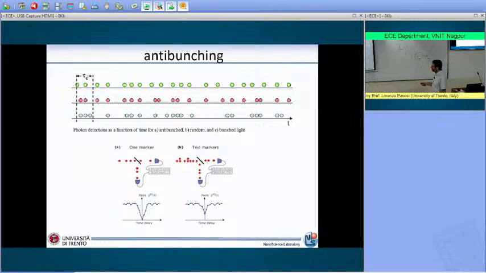And then we do an experiment. We do an experiment with a random sequence of photons or with a bunched sequence of photons. This experiment is a simple beam splitter experiment. We take our beam of light and make it interact with a beam splitter.